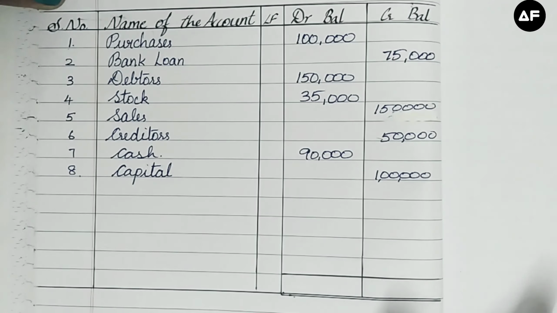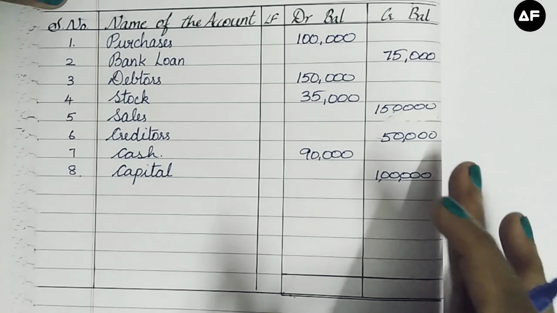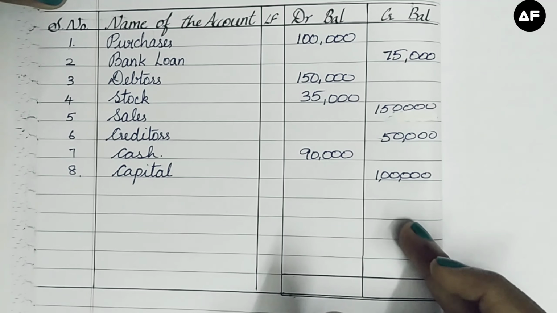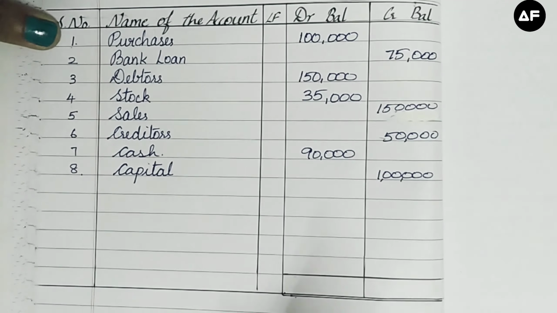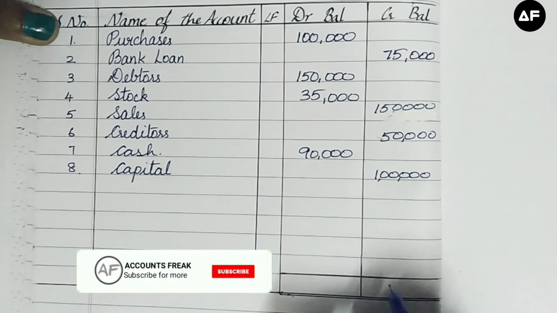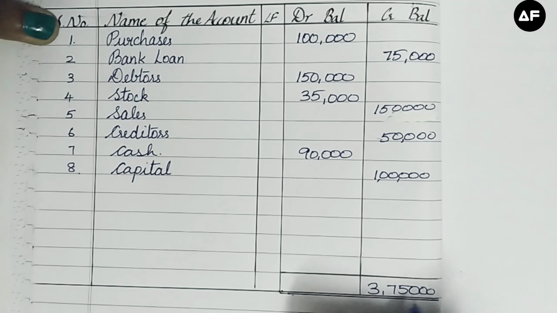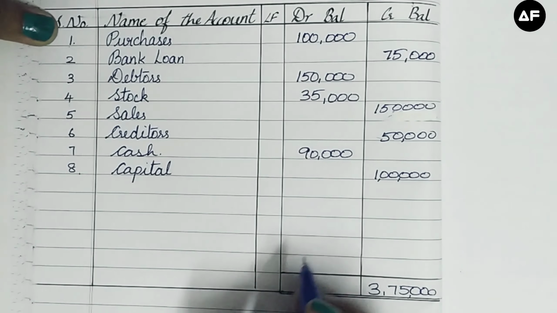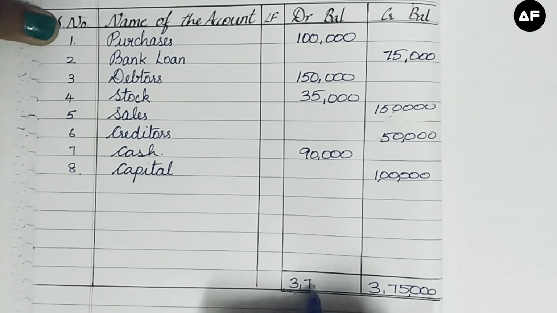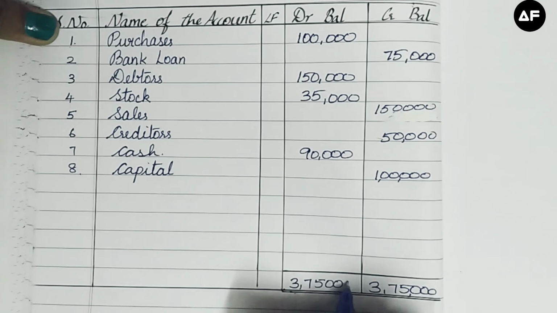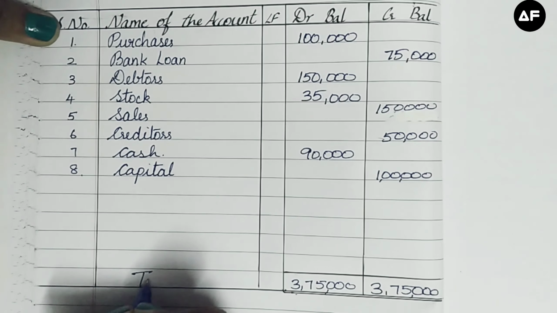The last step is to find out the total of the credit balance and the debit balance. When I add up my credit side, I get 3,75,000, and on my debit side also I get the same value, 3,75,000. So write that as the total.